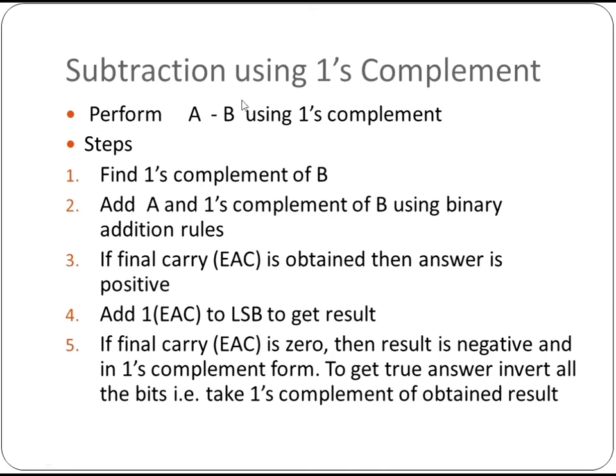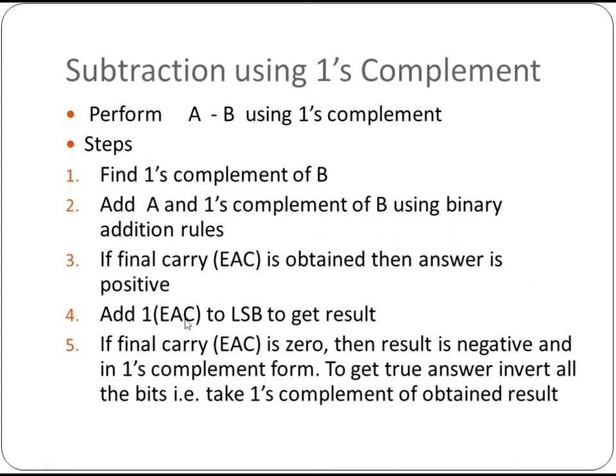First find ones complement of B. Then add A to ones complement of B using binary addition rules. If final carry is obtained, that is called an end around carry, then answer is positive.